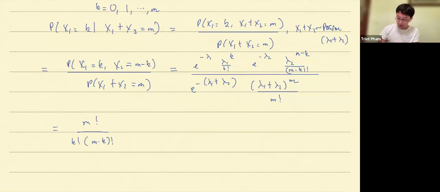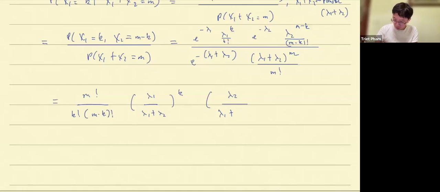As mundane as that is, this is lambda 1 over lambda 1 plus lambda 2 raised to k, and lambda 2 over lambda 1 plus lambda 2 raised to the m minus k. Again, for what values of k? k runs from 0, 1 up to m.